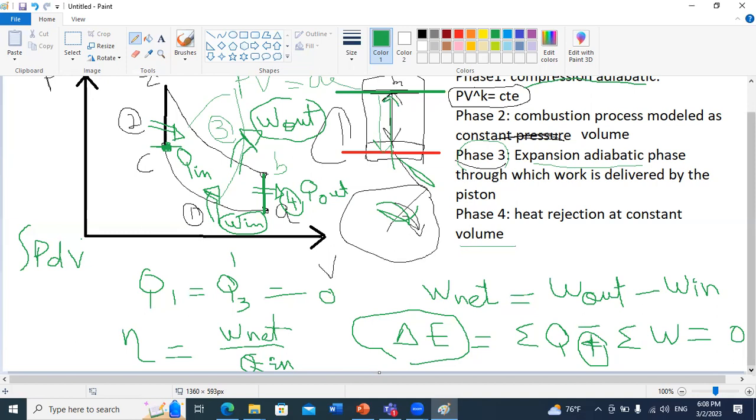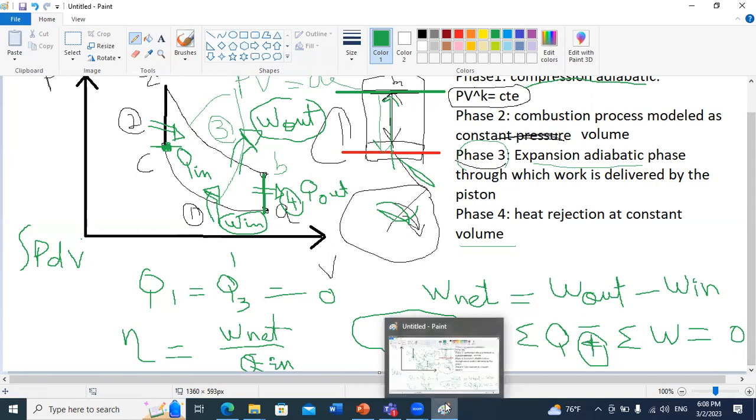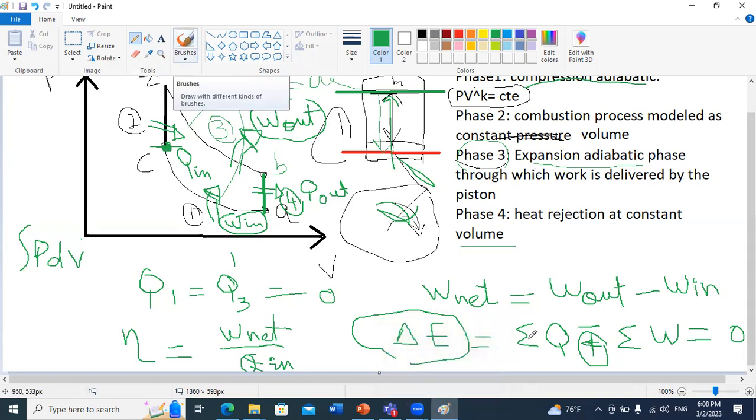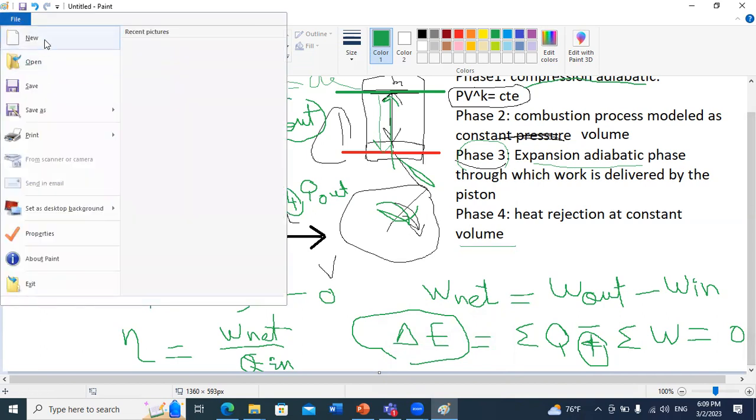And if delta E equals 0, this means what? This means that the sum of Q plus the sum of W is 0. So the sum of Q is equal to minus the sum of W. Okay, so now let me write what I obtain.